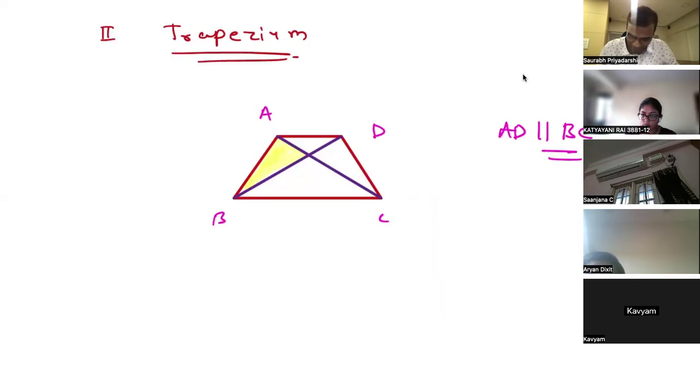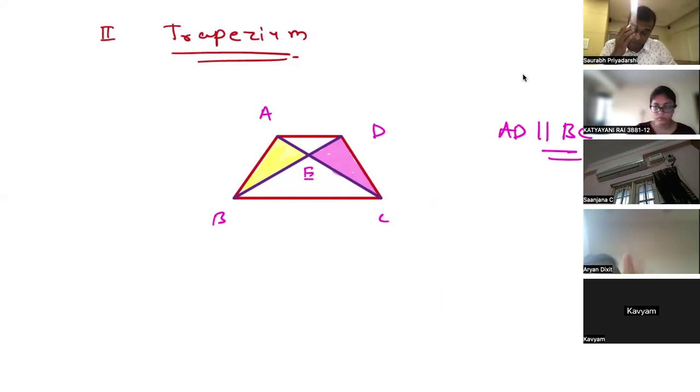Let the point be some E. You can see the triangle, right? We are not talking about the similar triangles and all.